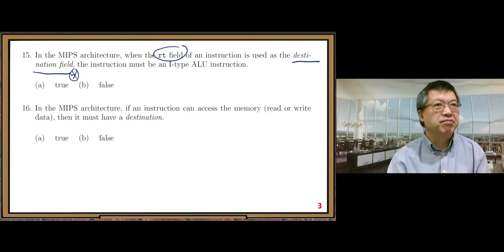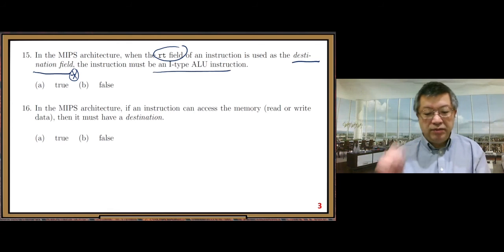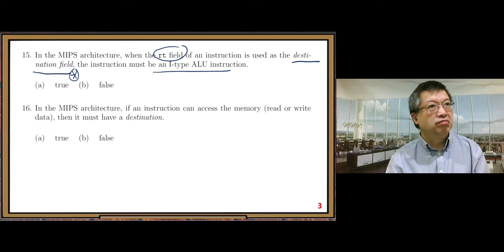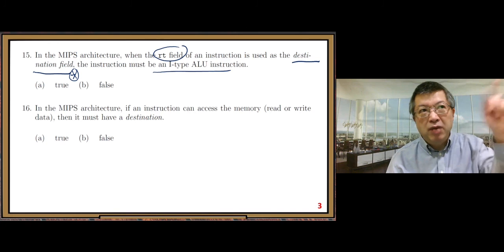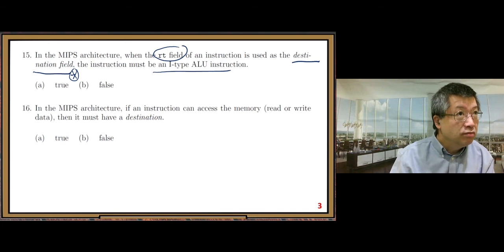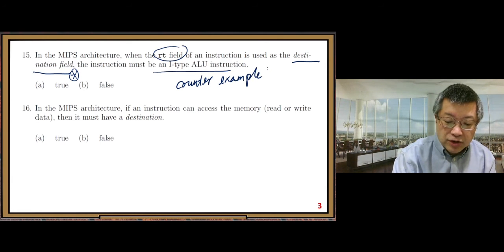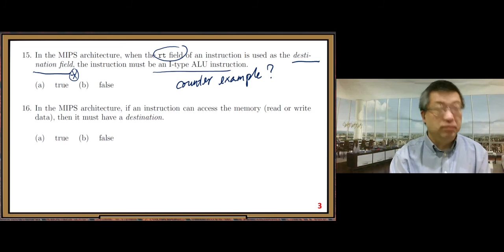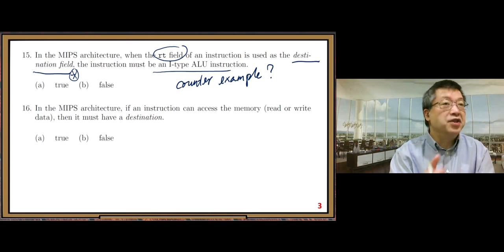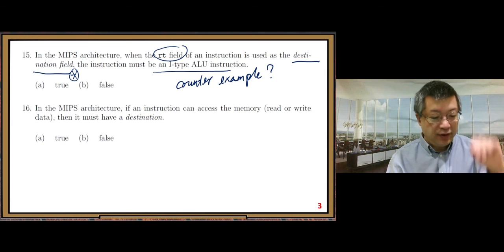If you can get a conclusion, it must be an I-type ALU instruction. If you want to say it is false, the same logic: can you find a counterexample? If you can, then it's false. That means you can find an instruction that is not an I-type ALU but whose RT field is used as the destination field. So you can answer this question.